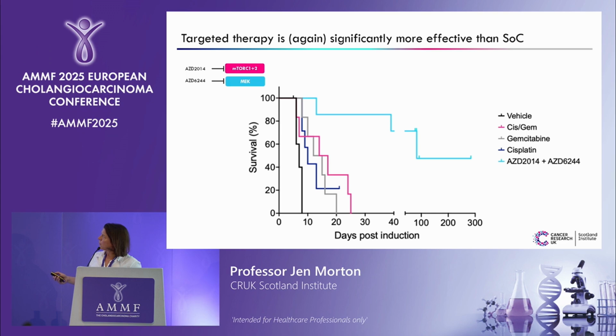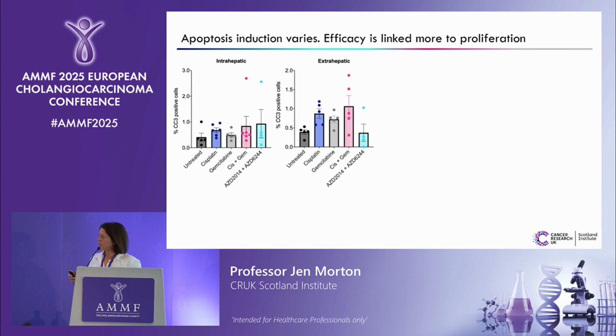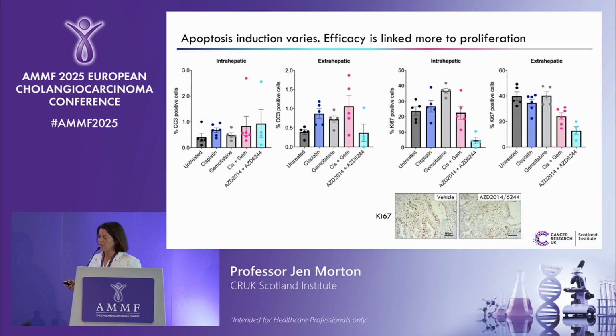And all of these censored mice died of something other than cholangiocarcinoma, so they were effectively cured. Differently from the CK19 model, we don't see a lot of effects on cell death, but with our targeted therapy combination, we do see quite significant reductions in proliferation in the tumours.